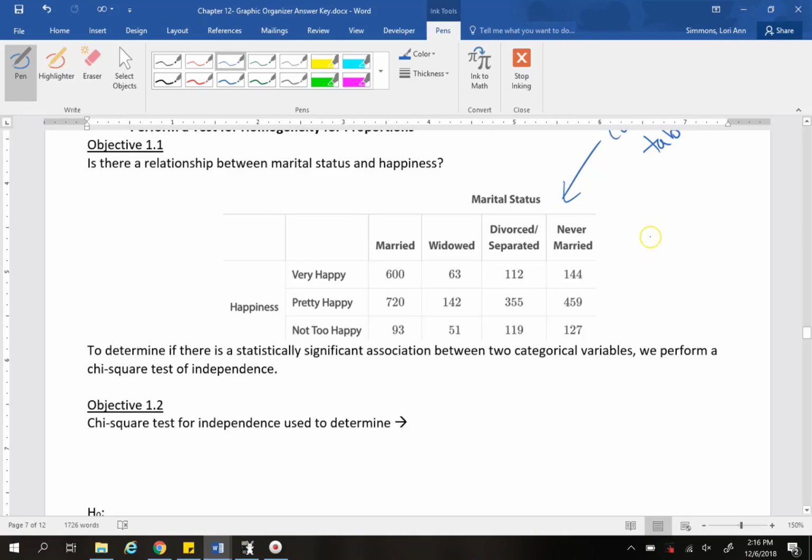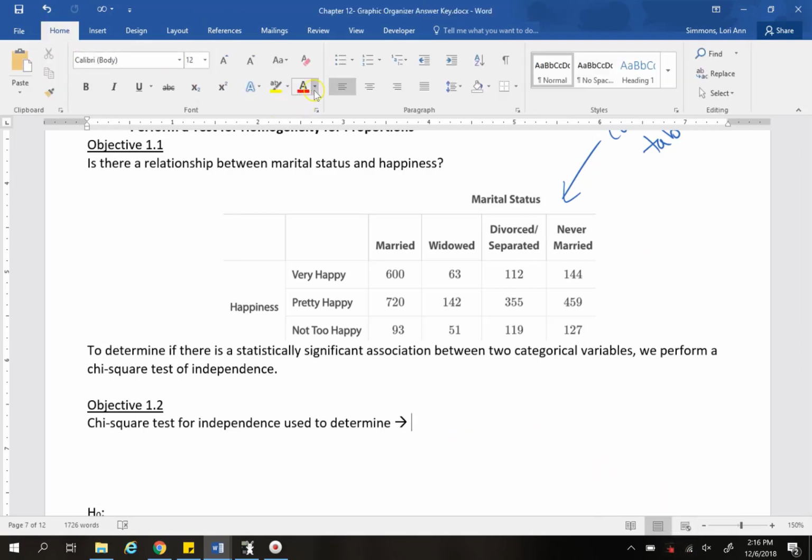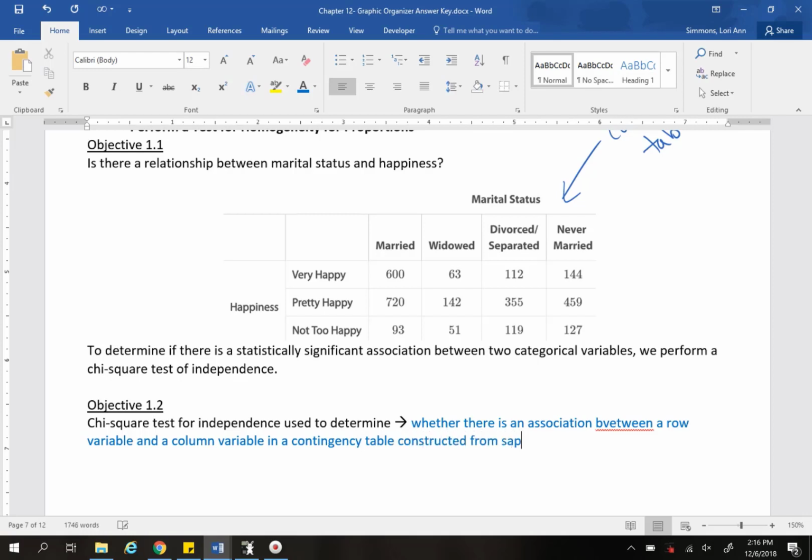The chi-square test for independence is used to determine whether there is an association between a row variable and a column variable in a contingency table constructed from sample data.